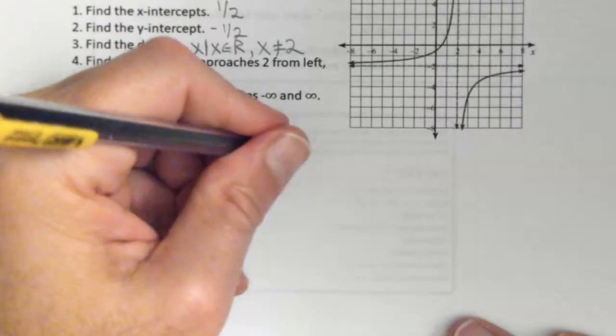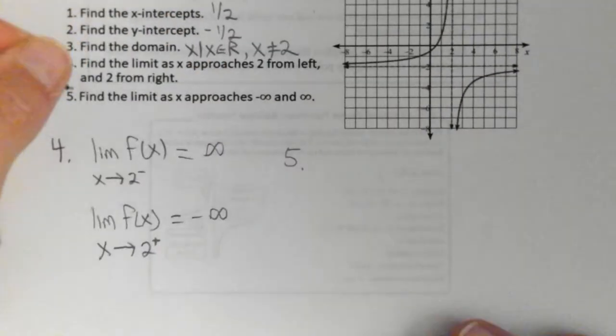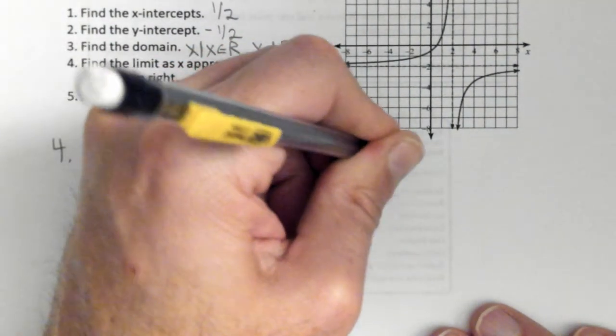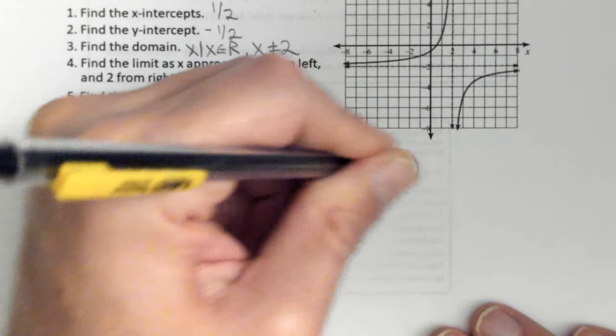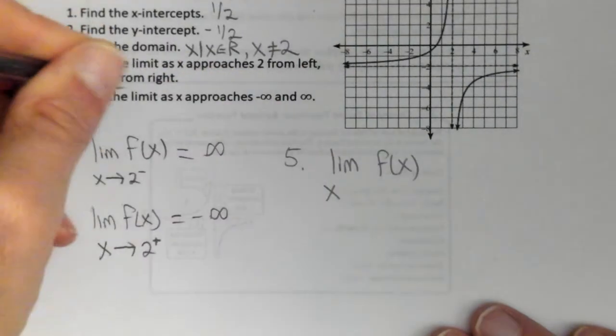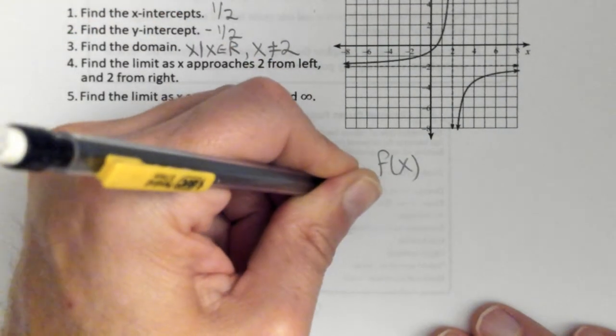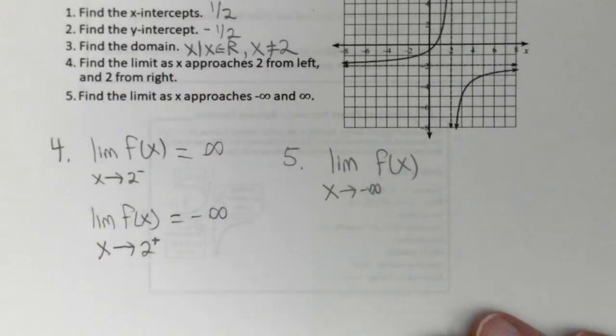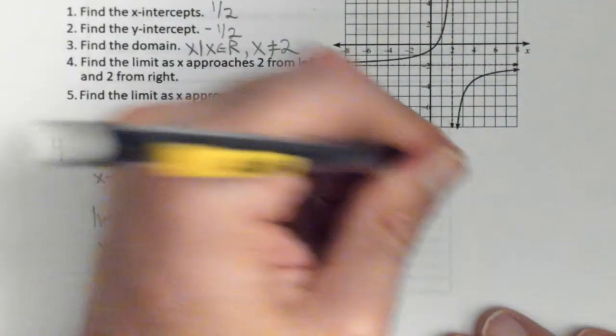Alright, question number 5 asks us to find the limit of f of x as x approaches negative infinity. Alright, as x approaches negative infinity, let's see what happens.